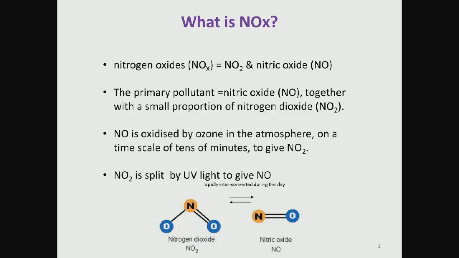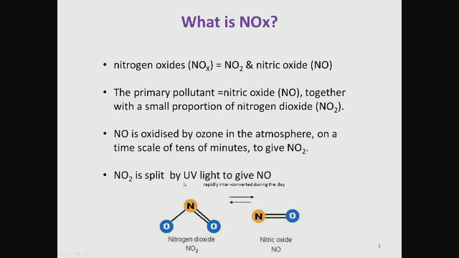So what's NOx? We use the term NOx because there are 2 major forms of nitrogen oxides, nitrogen dioxide and nitrogen oxide. They both exist at the same time in different amounts depending on the conditions at any one time, depending on how efficient your car engine is, or whatever is producing it.